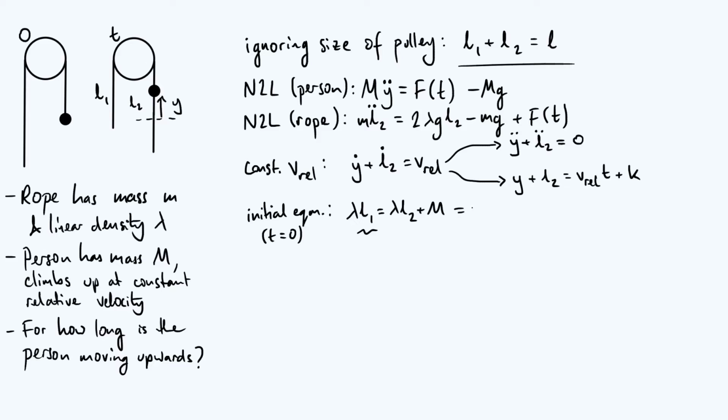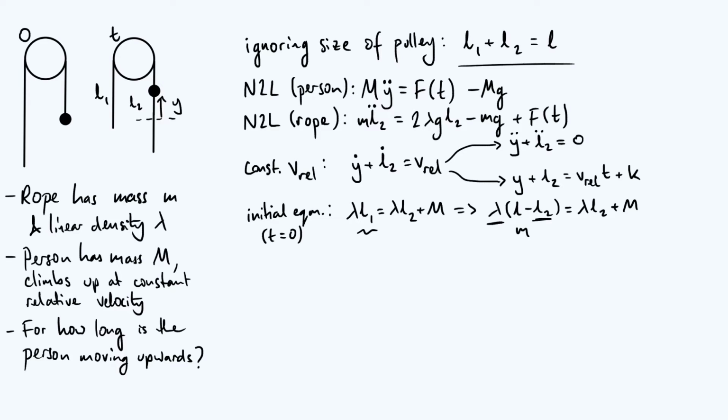So if we do a little bit of substitution, you will get lambda multiplied by L minus L2 on the left-hand side. That's still equal to lambda L2 plus capital M. And then note that lambda times L is the total mass of the rope, so that's just lowercase m.